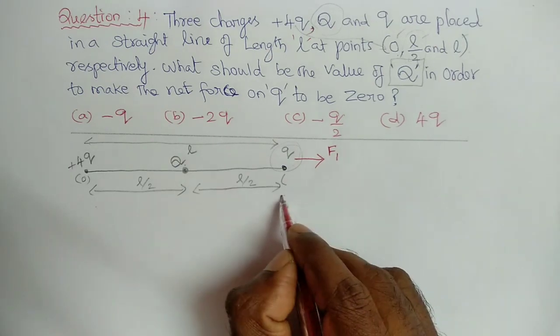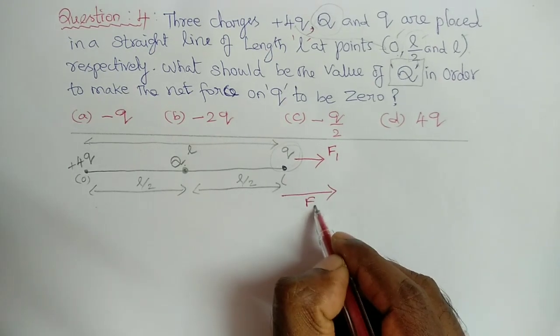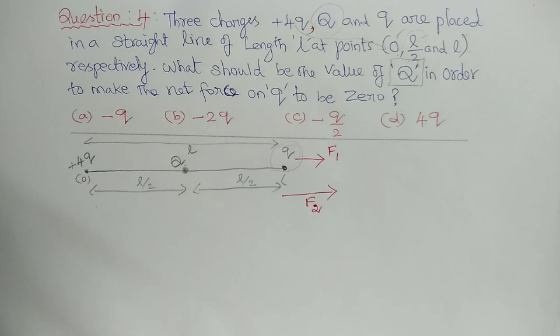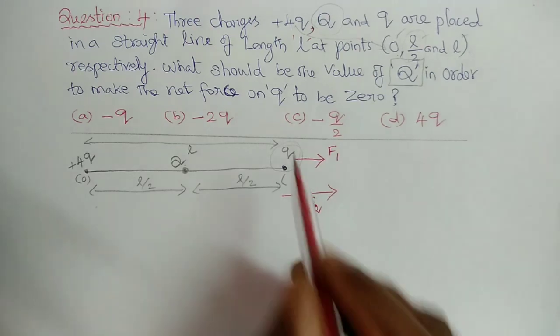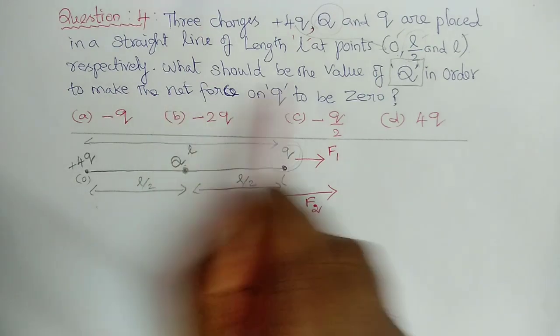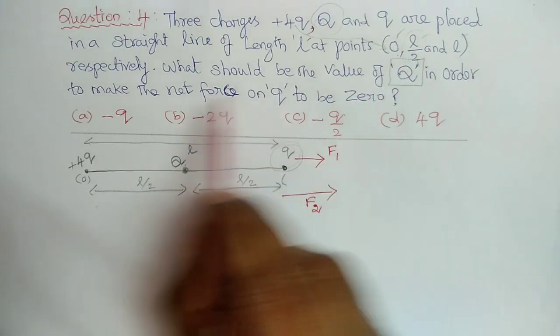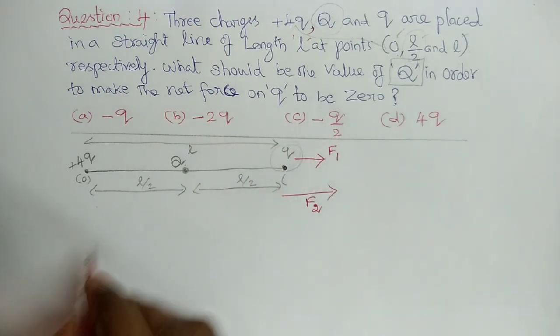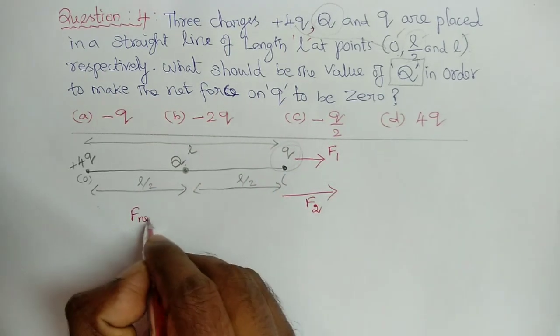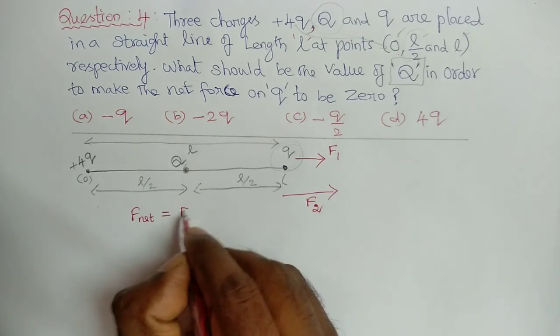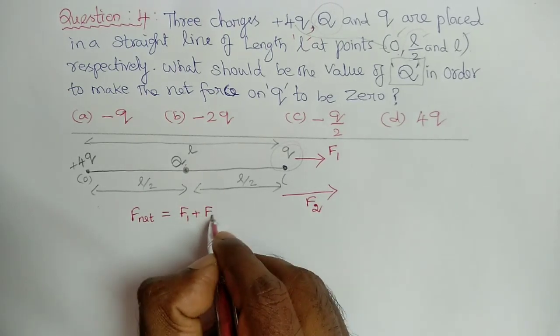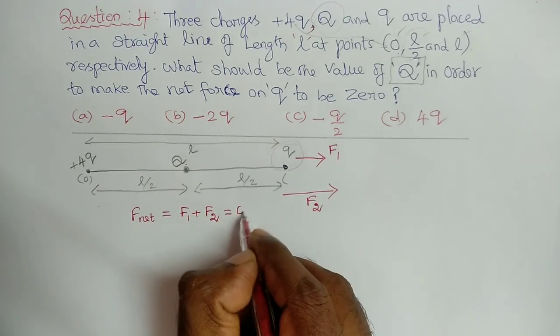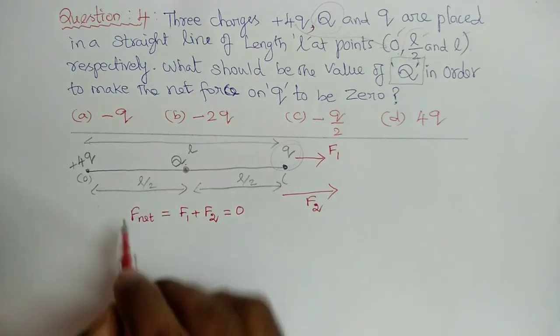Let us consider that as F2. We'll calculate the value of Q to make the net force on small q to be 0. So F net, which is F1 plus F2, is equal to 0. This is the condition for this problem.